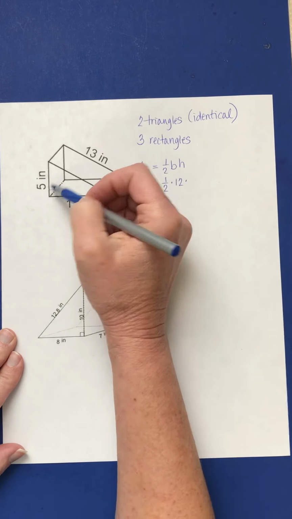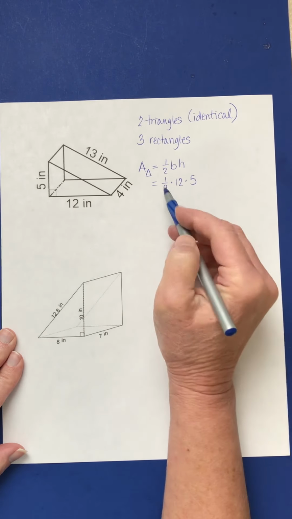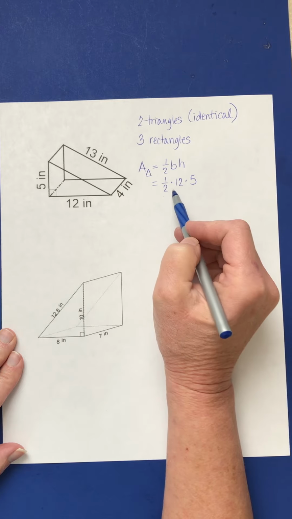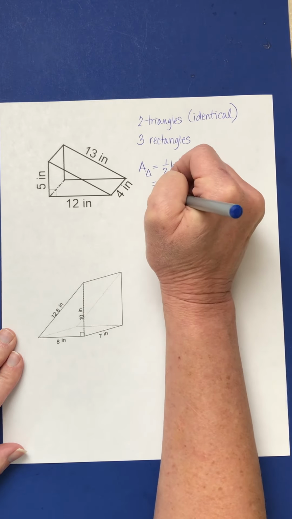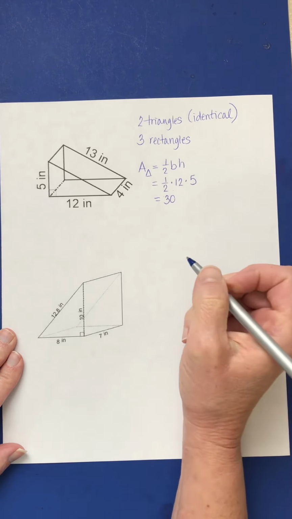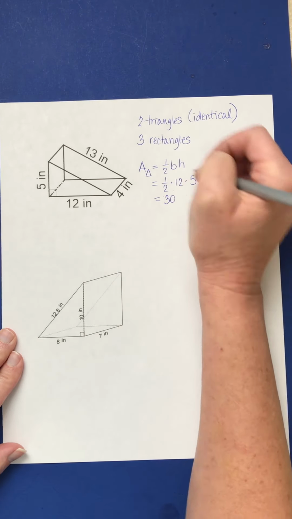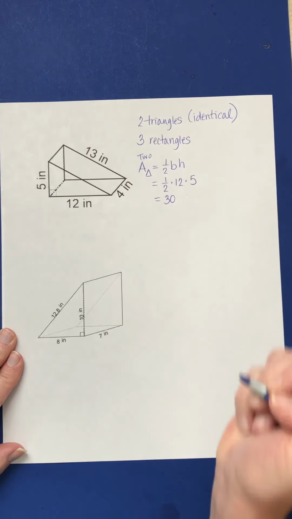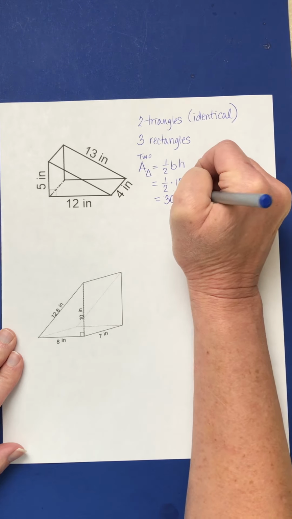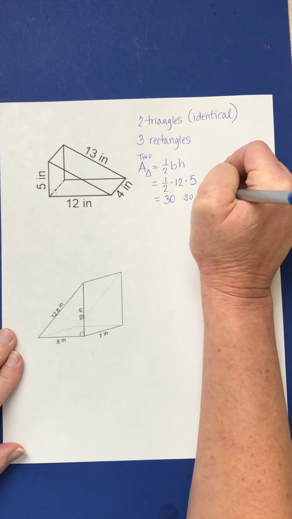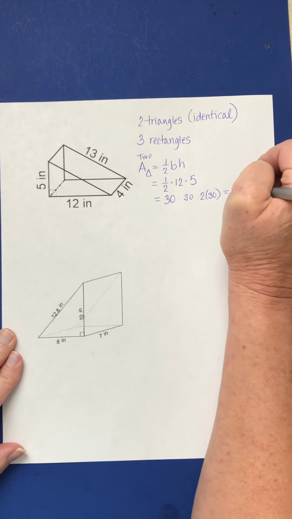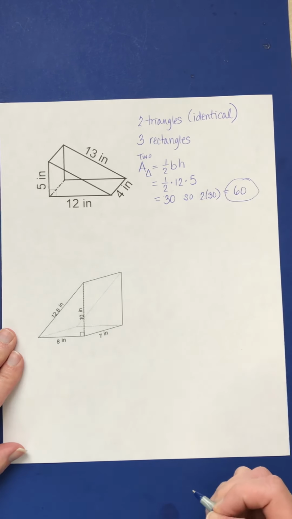The height is 5. Okay, so if I do 1/2 times 12 times 5, that's going to give me a 30, okay? But remember, we had 2 of these, so let me put 2 up here. We have 2, so we're going to have 2 times 30, which is going to give us a 60, all right? I'm going to go ahead and circle that.